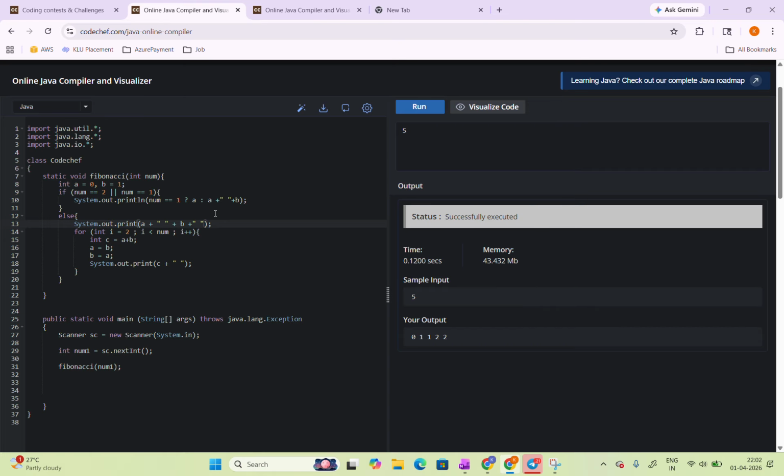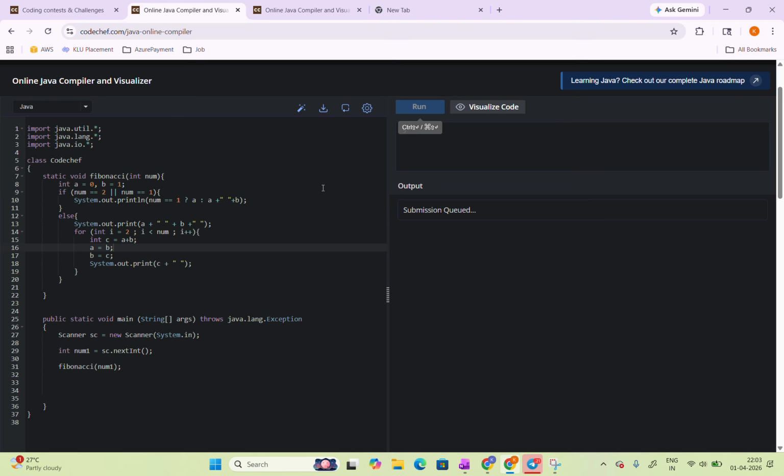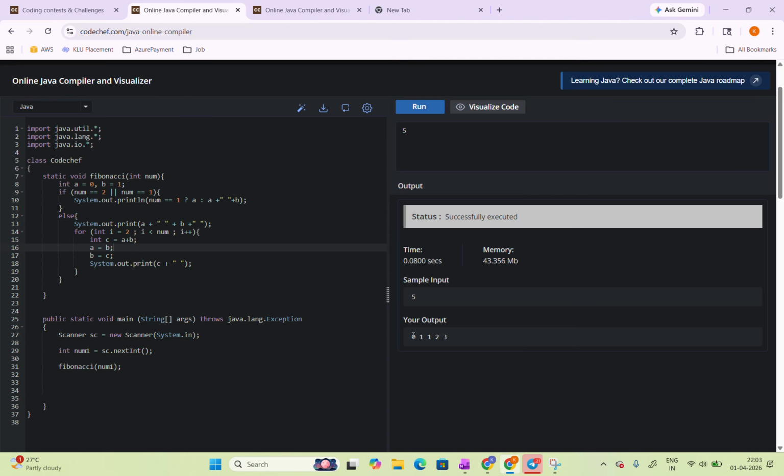Something we are missing, somewhere we are missing the condition. See, there is an edge case. We have to copy b to the c. That is the reason we are getting wrong output. The entire code is otherwise correct. Yes, we got the output.